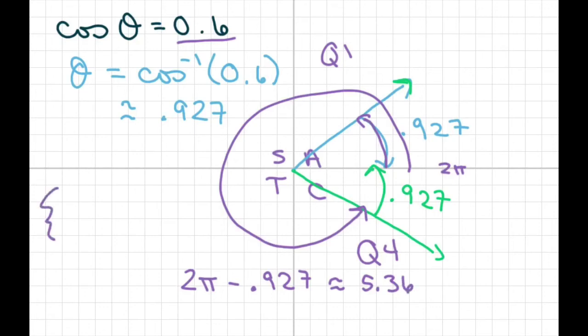So my two solutions are, this would be your theta 2 here, and this one is your theta 1. So we get 0.927 and 5.36.